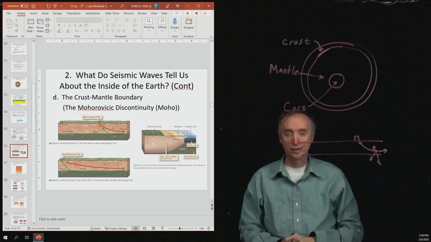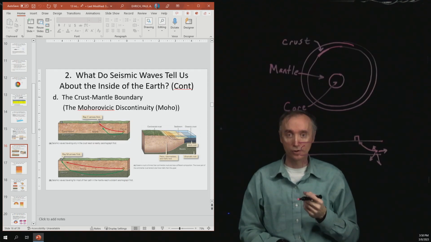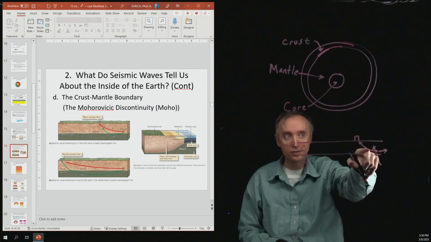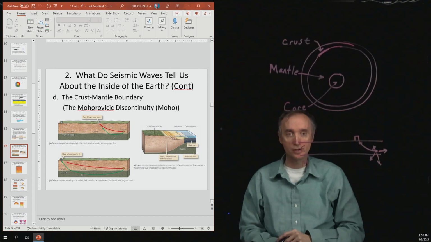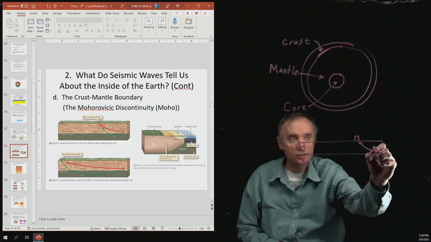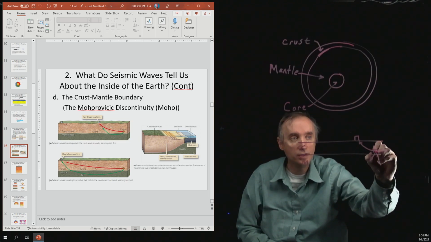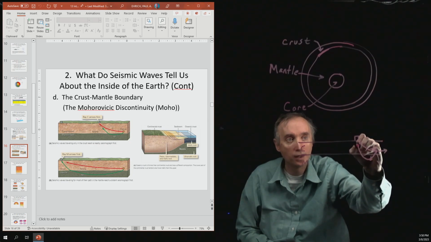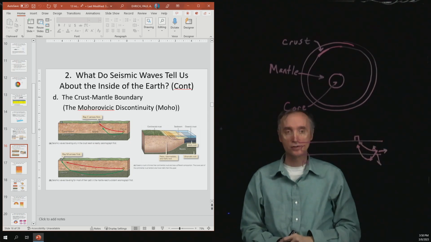Now, what do we know about the speed of earthquake waves? They're going to travel faster through more dense rocks. So they're going to travel at a certain speed through the crust and then get to that seismic station. Well, some of these earthquake waves, though, are going to go into the mantle, curve around, and then come back up to the seismic station.